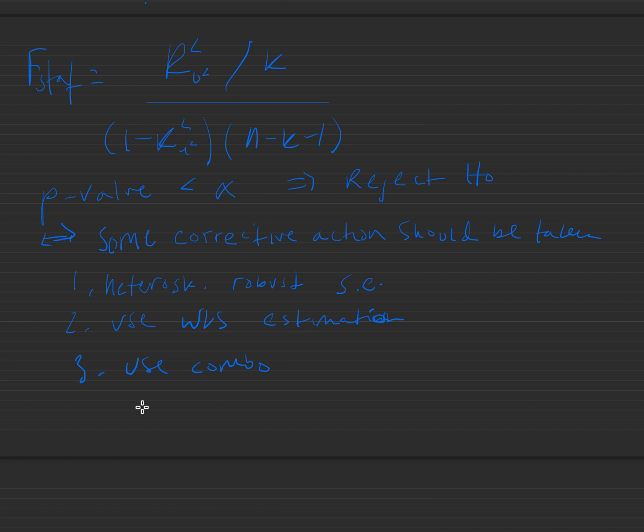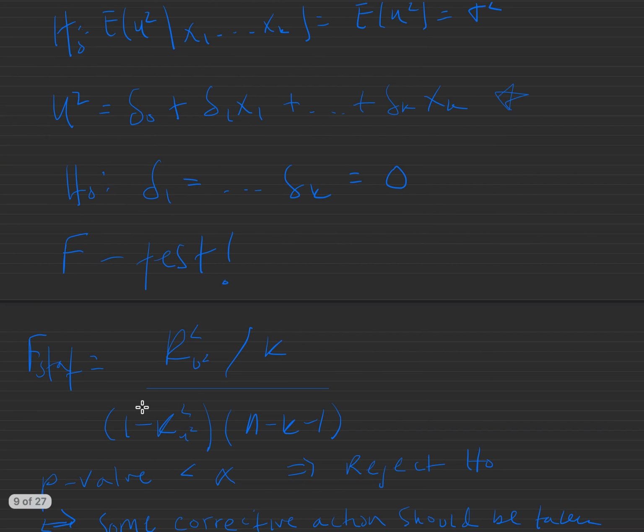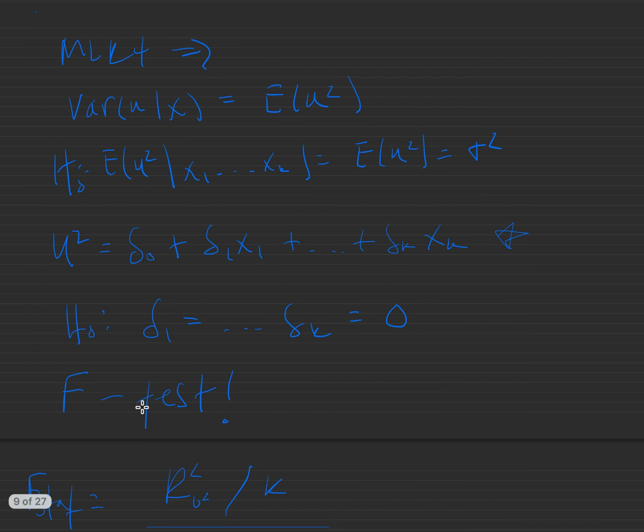So what we have just discussed is a simple version of the White test, which implements the same procedure using all squares and cross products of the explanatory variables in the regression of u squared.